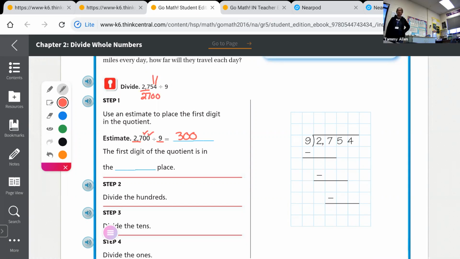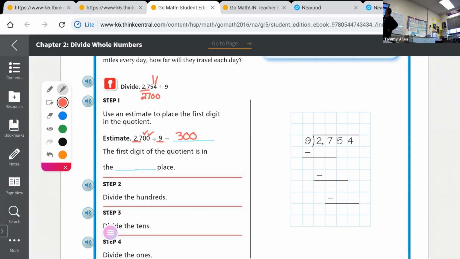So again, if you prefer lined paper or the graph paper for your division, certainly use that. They provided the little graph paper over here to the side for you, so if you want to do your notes right there, it's already got graph paper for you to keep things lined up. 9 does not go into 2.